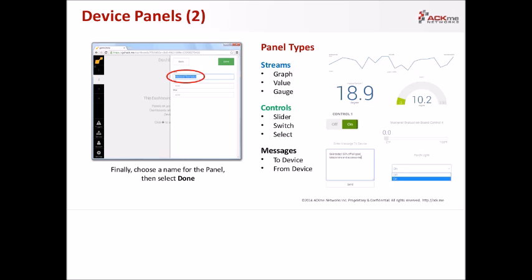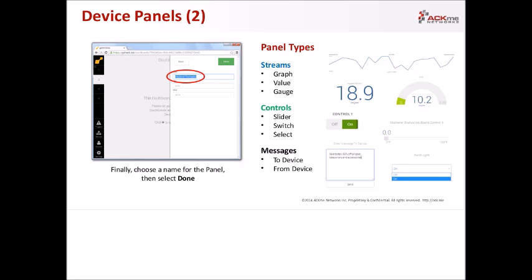Again, these are the panel types that are currently available. We're working on adding lots of different panel types to make the dashboard interesting and provide you with some options to do different things. So there are panels for streams, panels for control, a slider, and a switch for Booleans, and a select.